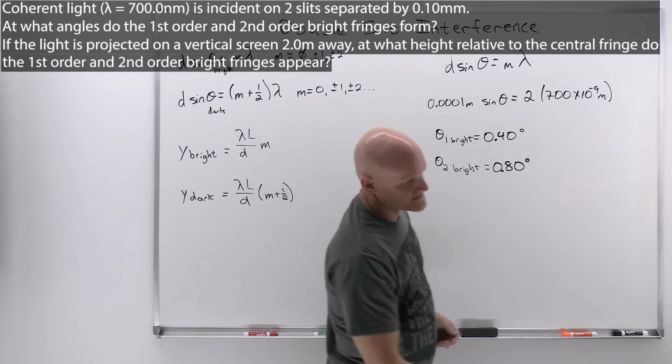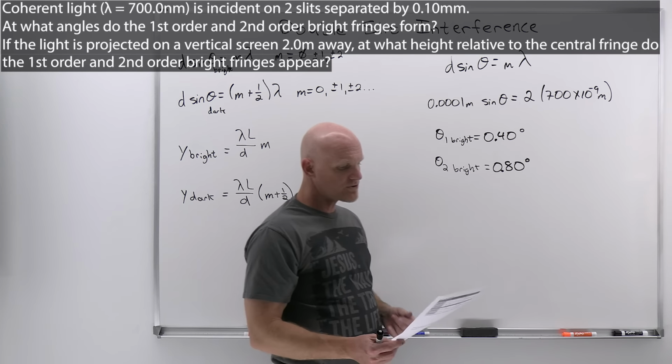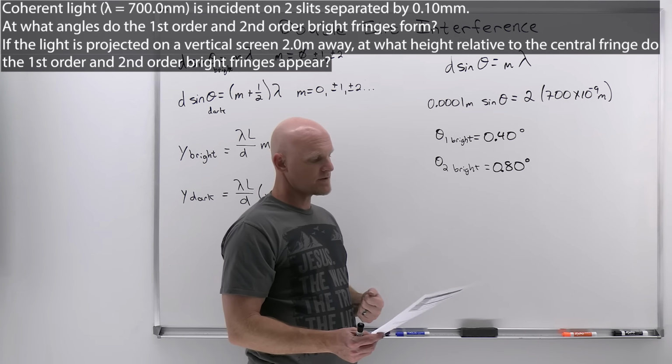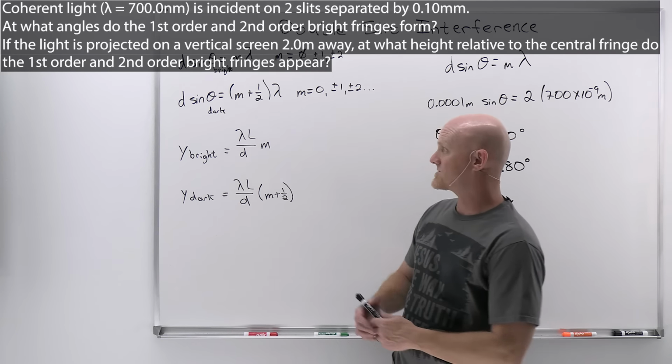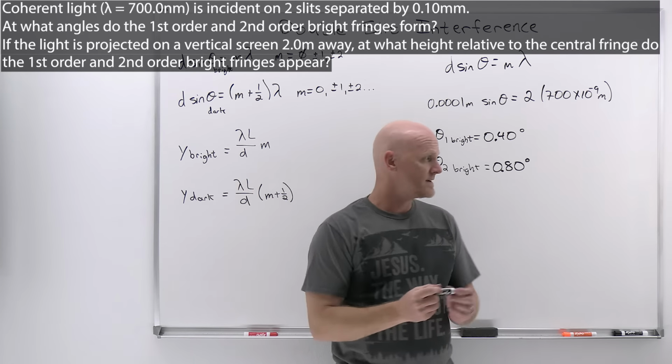The second part of the question says, if the light is projected on a vertical screen 2.0 meters away, at what height relative to the central fringe do the first order and second order bright fringes appear? This one just has us solving for the y values instead.